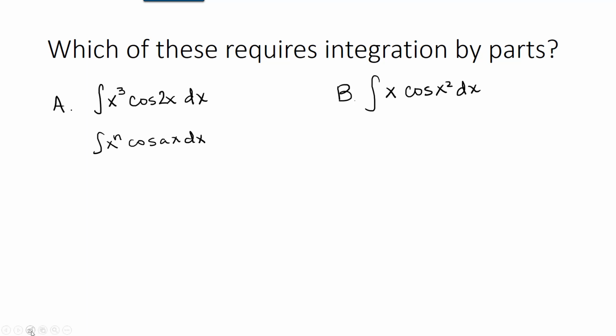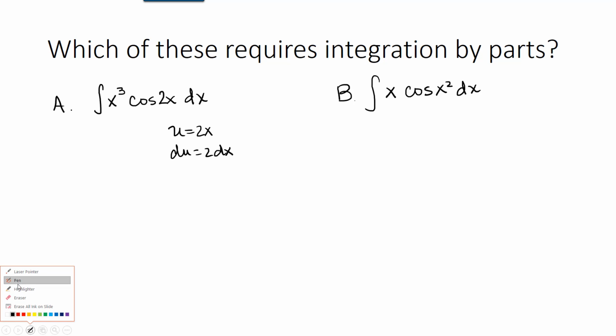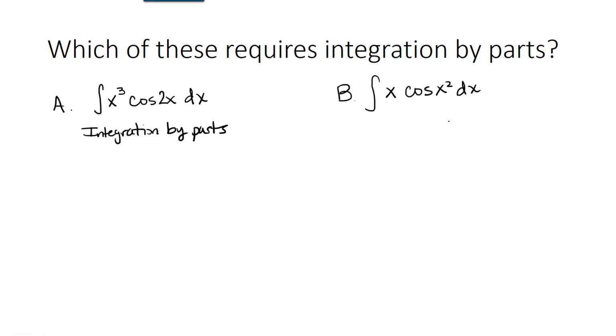But even if you didn't recall that, if you tried to do just a regular u substitution, a common choice for u is the argument of the trig function. And if u is equal to 2x, then du is just 2dx, which doesn't have an x cubed in it, so we're stuck. Okay, so this first problem does require integration by parts.